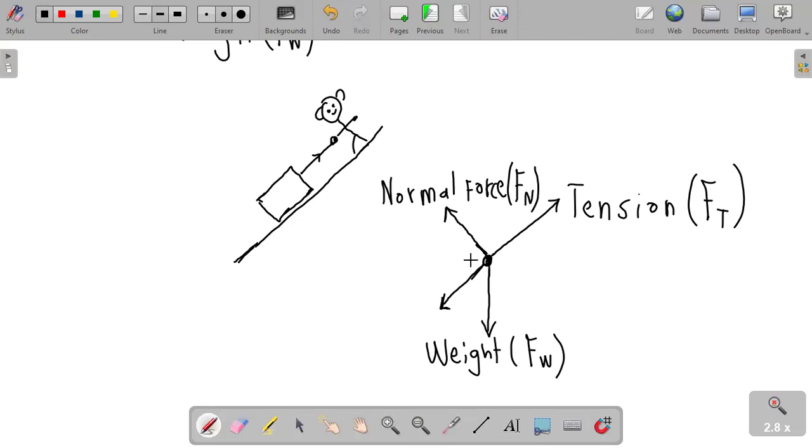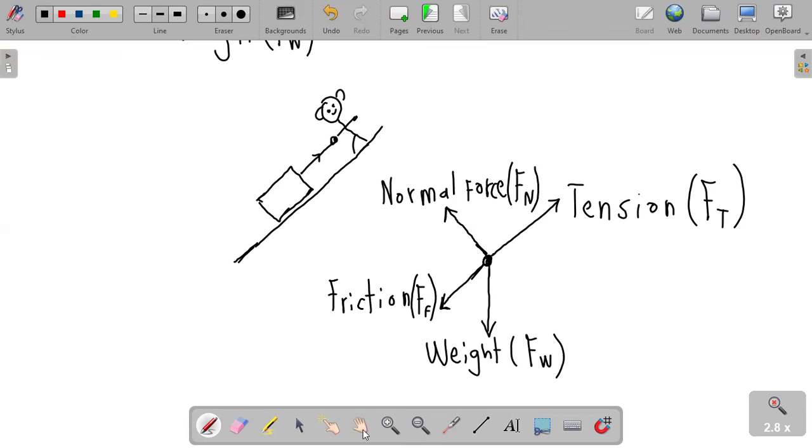Then Fn, the tension is here, and then this is the friction. So F and a small letter. So it's a capital letter and a small letter here. It's not the same case. It's lowercase and uppercase letters.